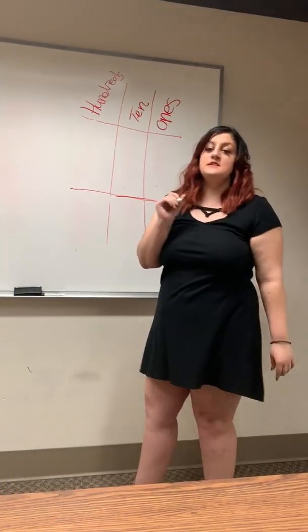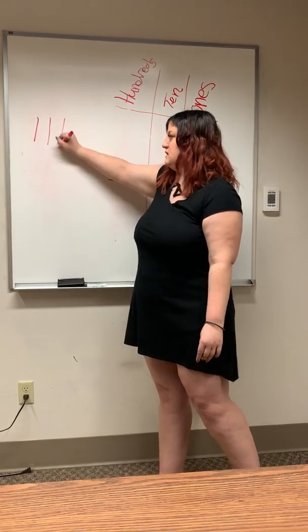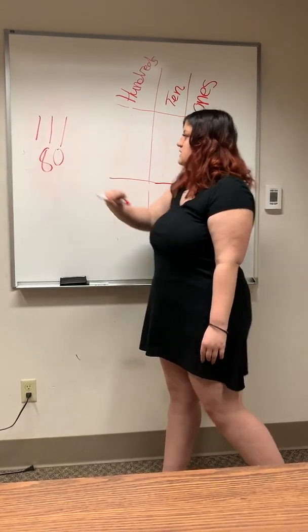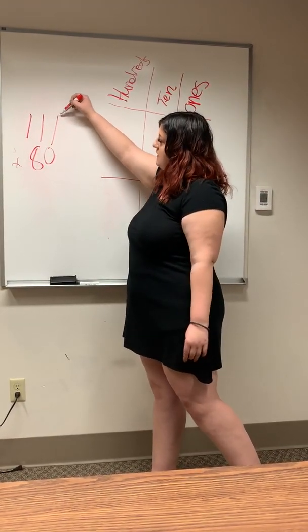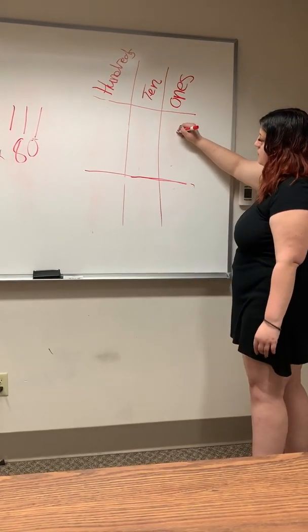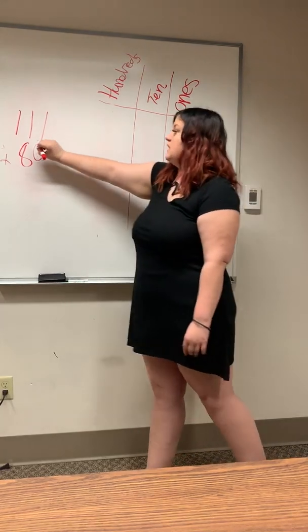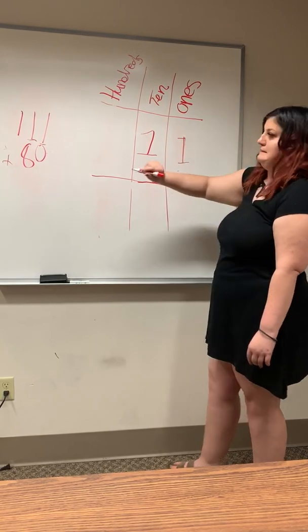So our next example we're going to do is 111 plus 80. So let's work with our first number up here. We see it's 111. So this first one will go in the ones. The second one will go in the tens.